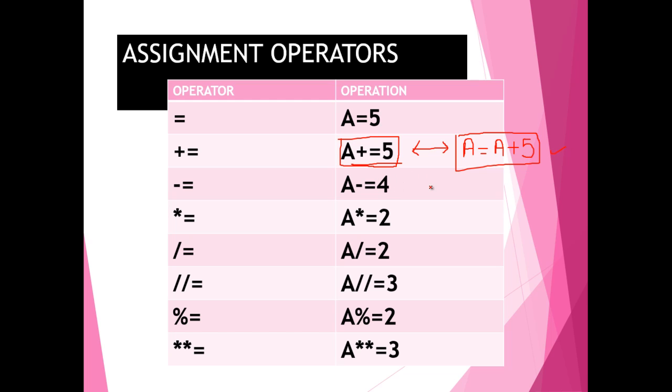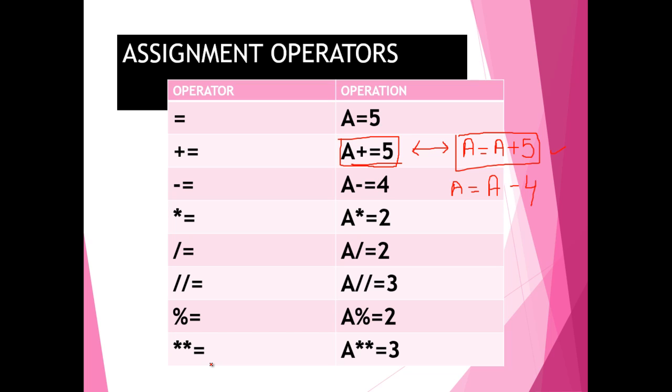Similarly, if we want to write a is equal to a minus 4, you can use the minus equal to operator. There is also multiply equal to, divide equal to, floor division equal to, modulus equal to, exponent equal to. You can use all these operators as per the requirement in the statement.